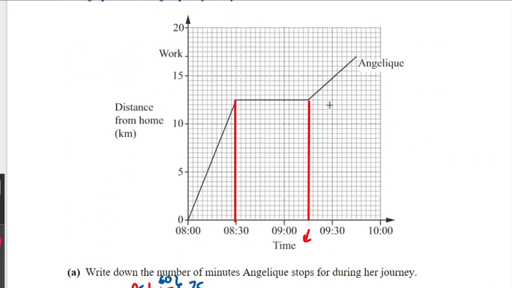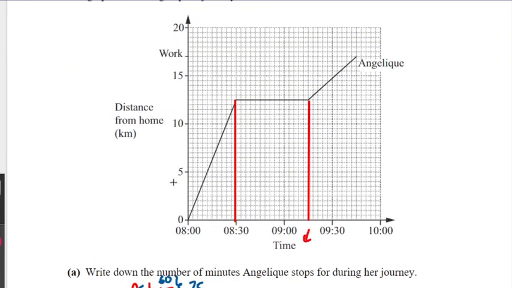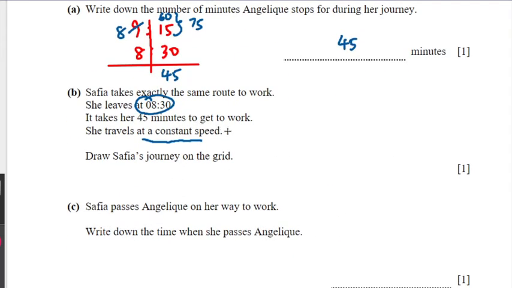Okay, next. Safia takes exactly the same route to work. She leaves at 8:30. It takes 45 minutes to get to work. She travels at a constant speed, meaning she didn't stop. She just goes all the way to her office. Let's draw Safia's journey on the grid. She leaves at 8:30, which means she starts here, and then takes about 45 minutes to get to work.